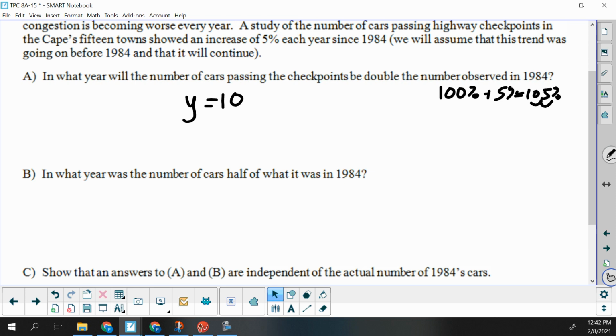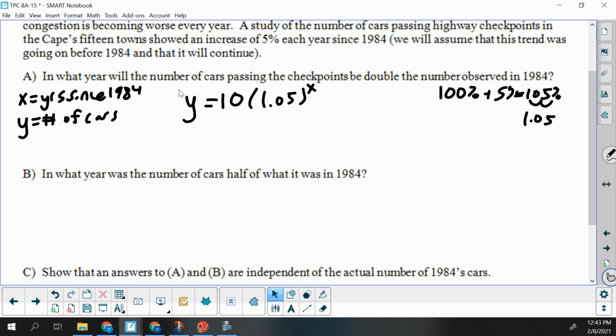Move your decimal over 2 and we get 1.05. So in this equation, x is the years since 1984, and y is the number of cars.